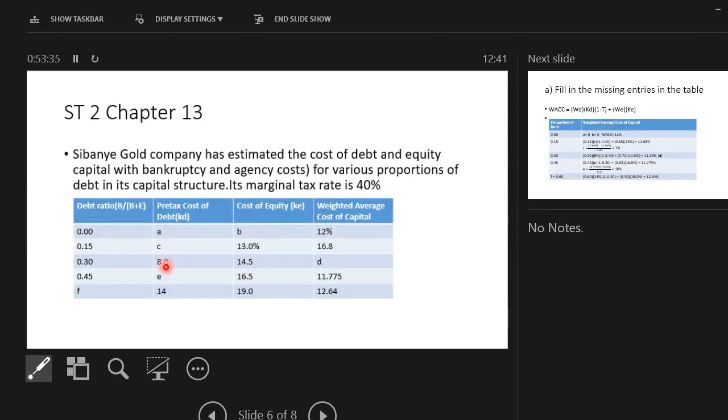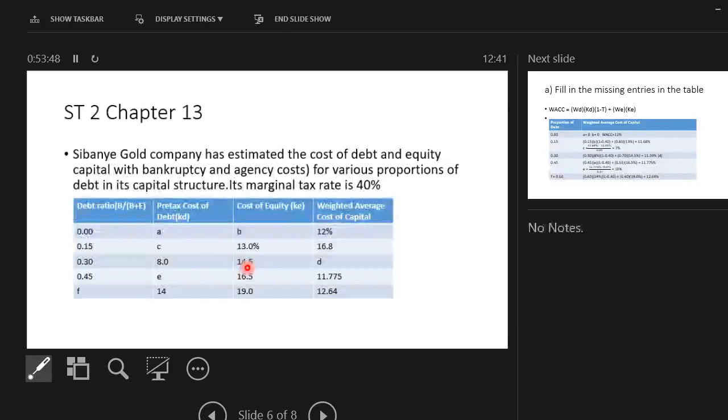Put it in decimal. I'm guiding you. You just put it as it is. 8 multiplied by 1 minus 0.40 plus, okay, plus what is the weight of our equity?